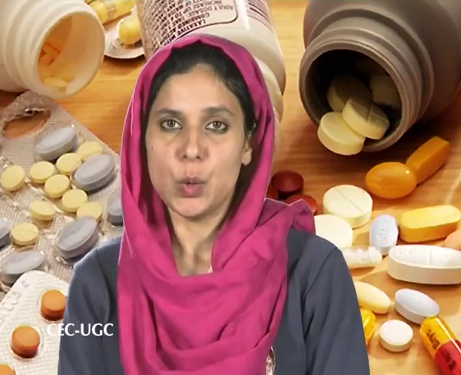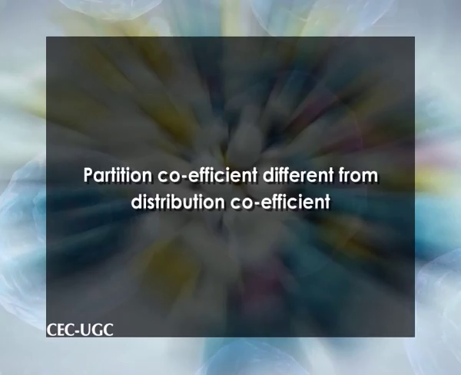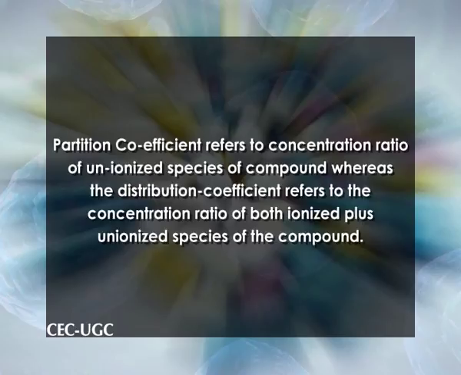It must be noted that partition coefficient is different from distribution coefficient. Partition coefficient generally refers to the concentration ratio of an unionized species of compound, whereas distribution coefficient refers to the concentration ratio of both ionized plus unionized species of the compound.